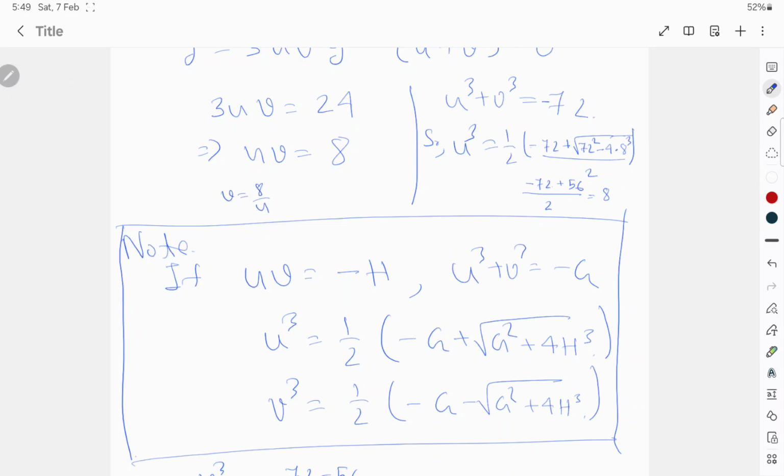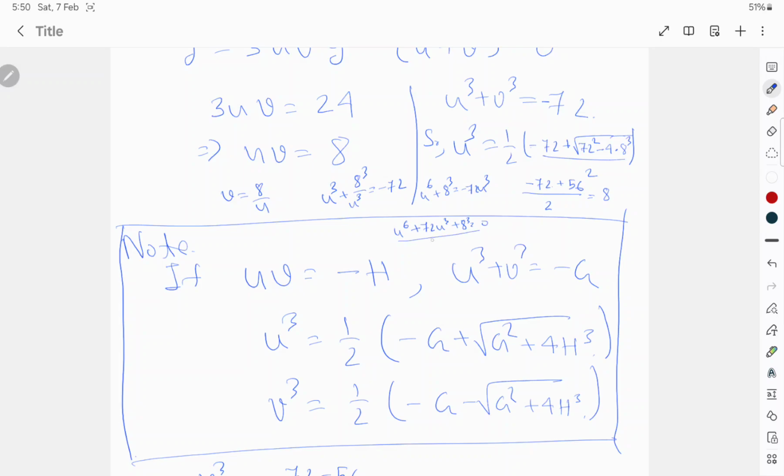If you substitute this in that expression, you have u^3 plus 8^3 by u^3 equal to minus 72, right? So in this expression you will get overall u to the power 6 plus 8^3 is equal to minus 72 u^3, right? So from there you are getting u to the power 6 plus 72 u^3 plus 8^3 equal to 0.